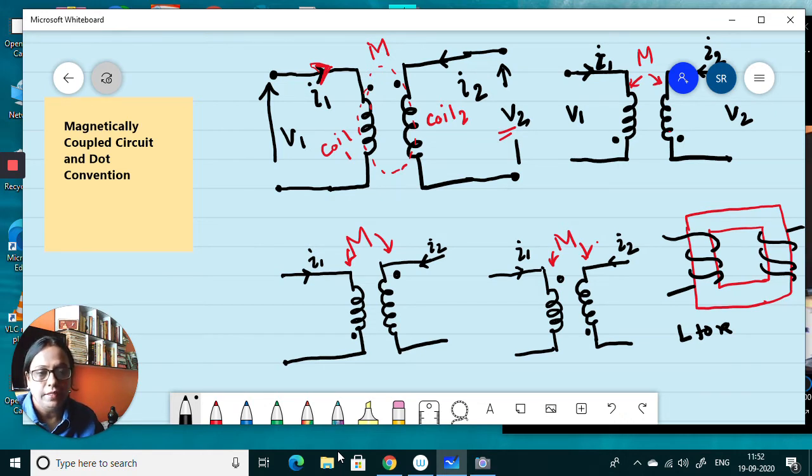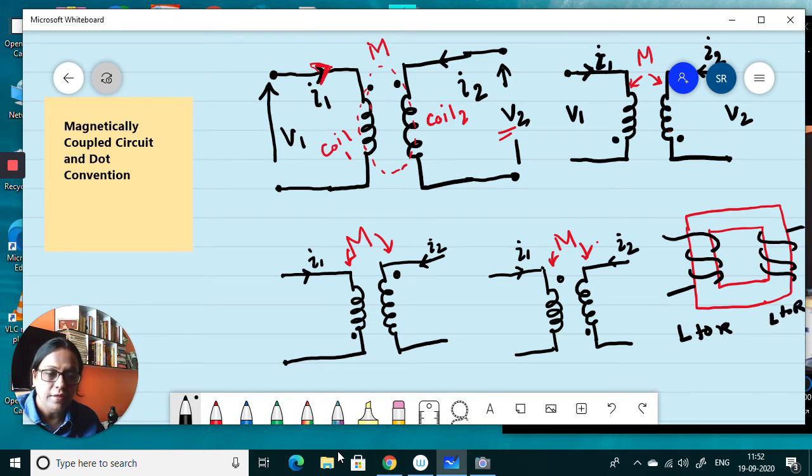Here also, this one is left to right, and this is the same, left to right.